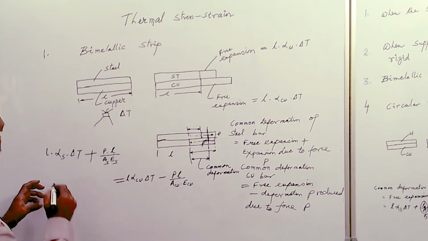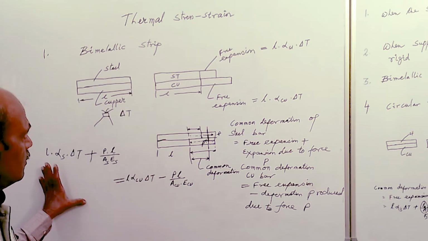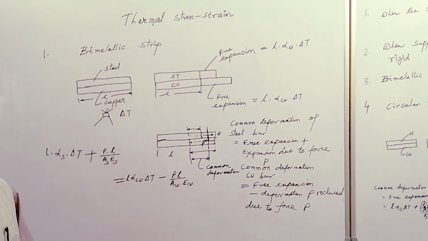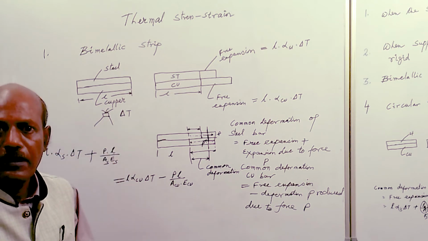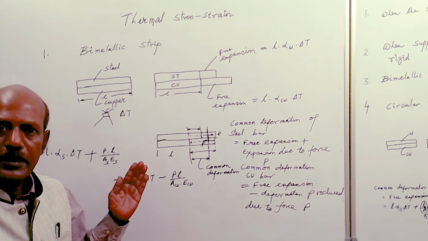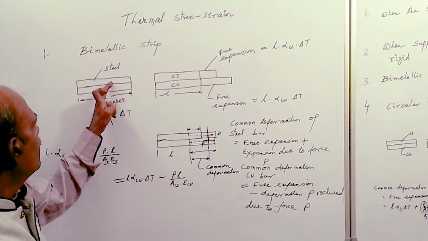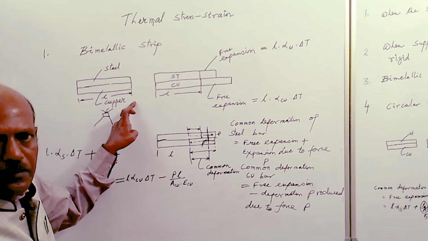So this is the formula by which we can calculate all the requirements of the questions. This is the most complicated case, that is thermal expansion of a bimetallic strip. The ends are restricted, so this first case shows the original length of the bar.